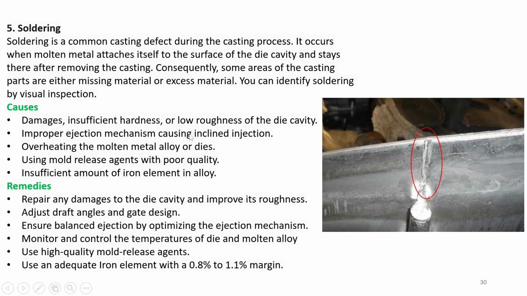Now these can be prevented by repairing any damage to the die cavity and improving its roughness. So if roughness will be higher, then detachment will be easier in ejection of the casting. Now adjust draft angles and gate design.